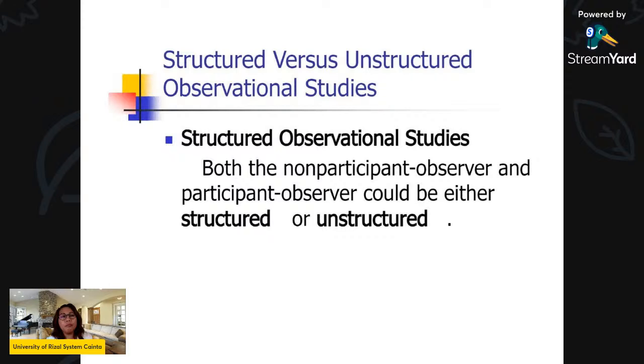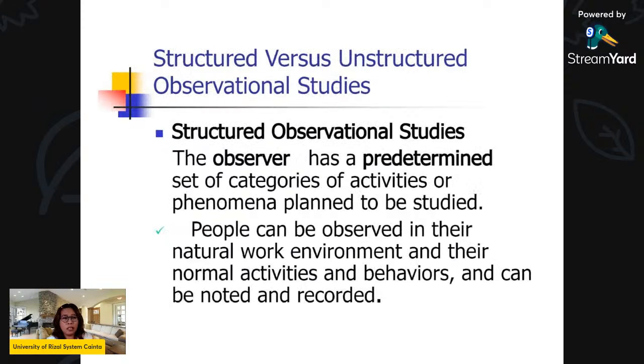Next, structured versus unstructured observational study. So, meron tayong pagkakaiba kapag sinabi natin structured versus unstructured. Both the non-participants and participants observer could be either structured or unstructured in the studies.